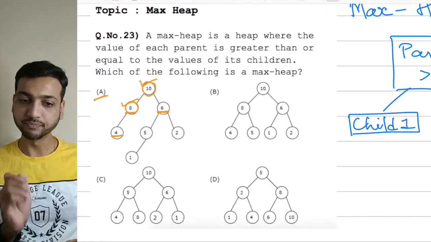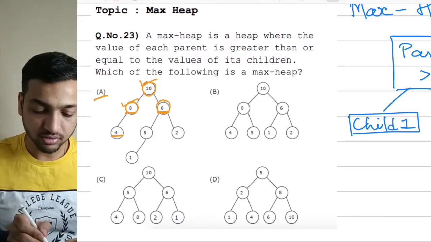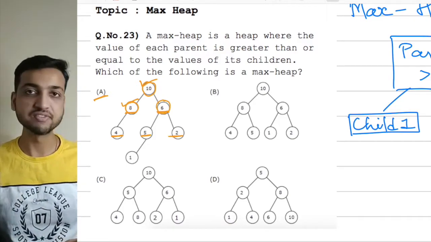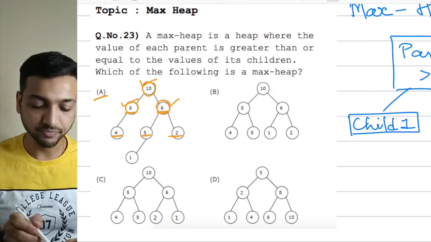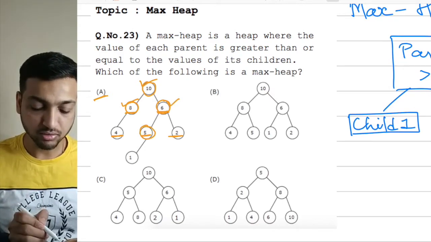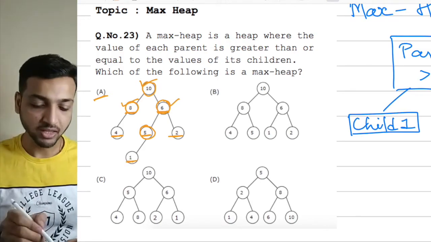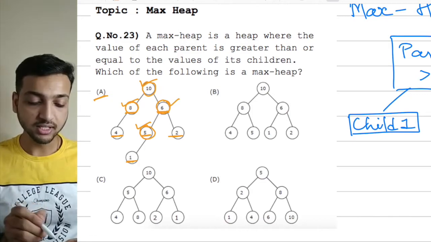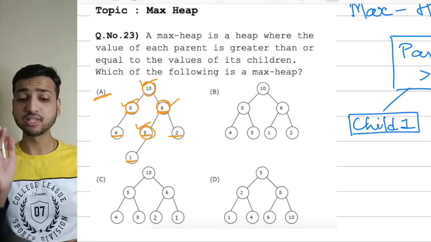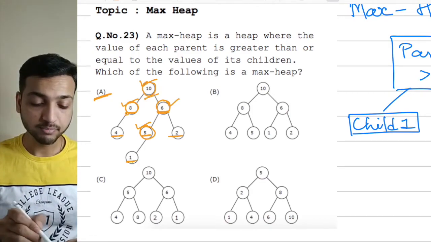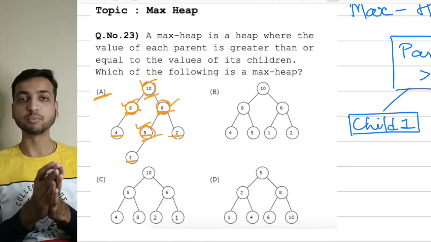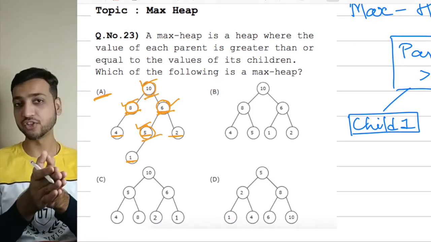Now let's check this node. This is a parent for 5 and 2, and its value is greater. Now this is also a parent for this child, and its value is greater than the child. So in option A, we have 4 parent nodes, and all of them satisfy the property of max heap as per the given definition in the question.